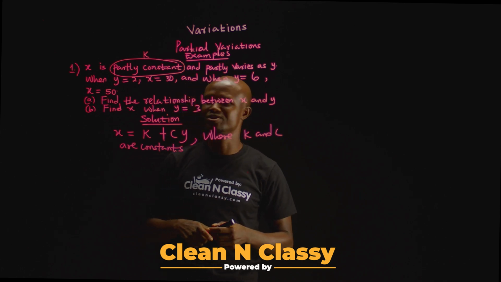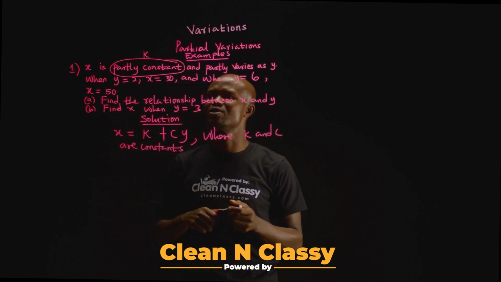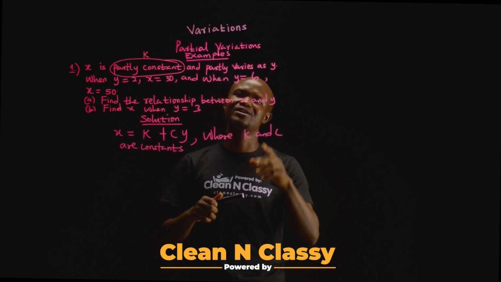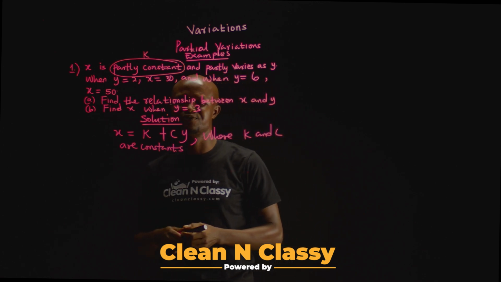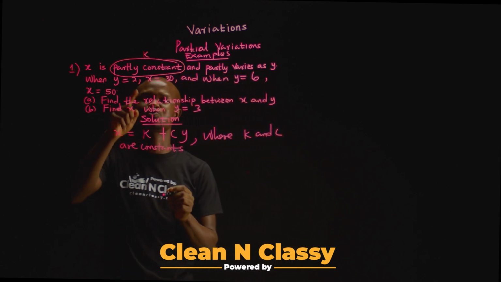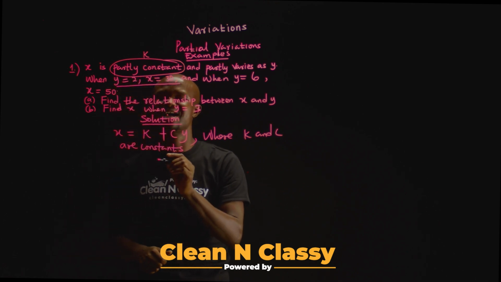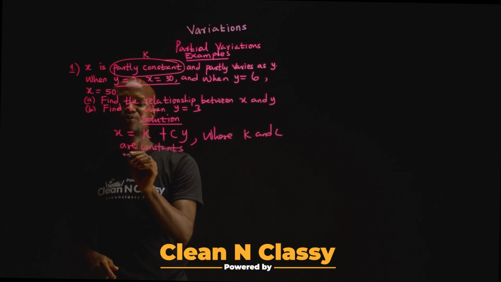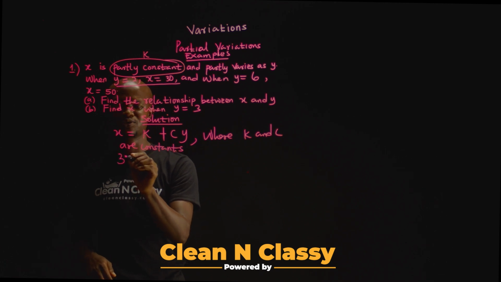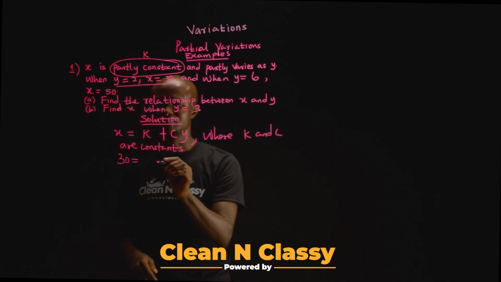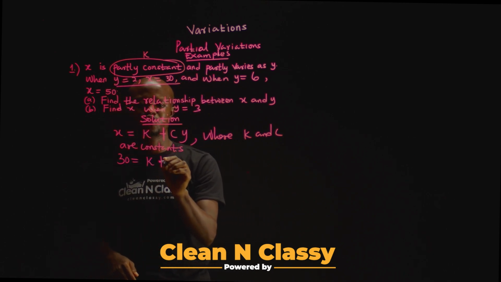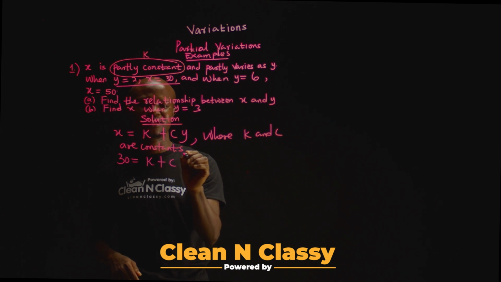Now when y equals 2, x is 30, and when y equals 6, x is 50. We use the first one. When y equals 2, x equals 30. So 30 equals k plus c times y.